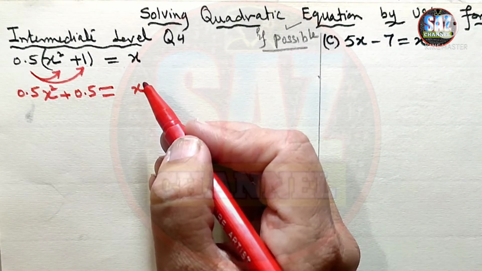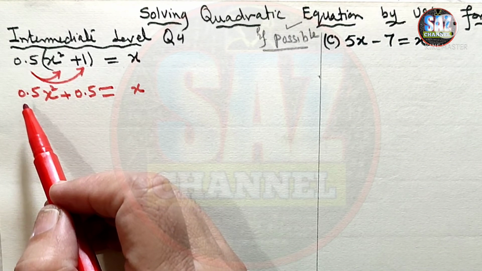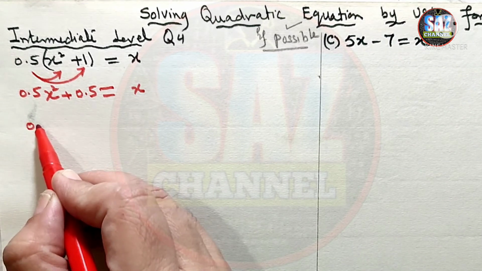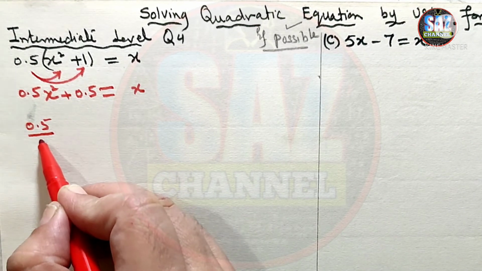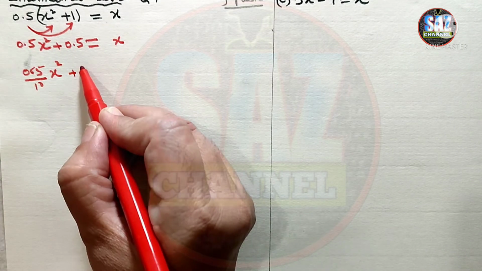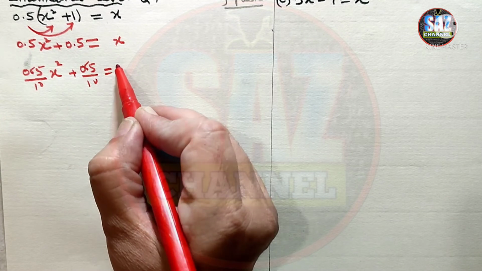x. Now we can see that in order to make our calculation easy, we can remove the decimal in the beginning, and 0.5 will become 5 by 10 x square plus 5 by 10, removing the decimal, equals x.